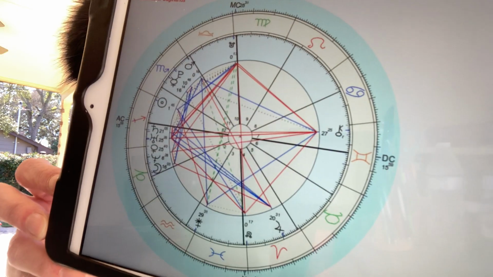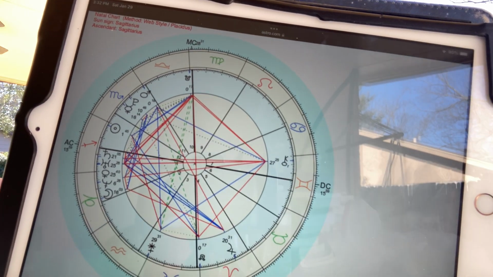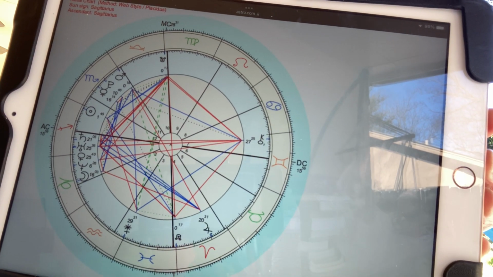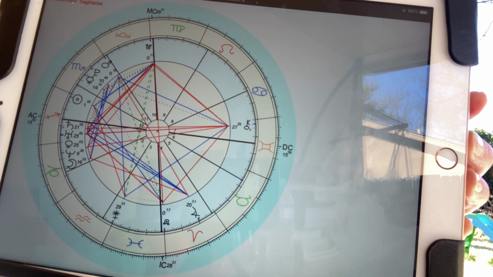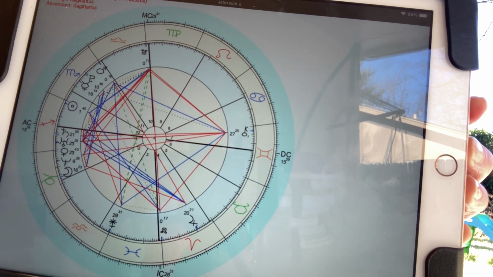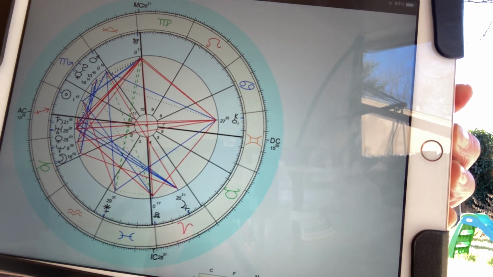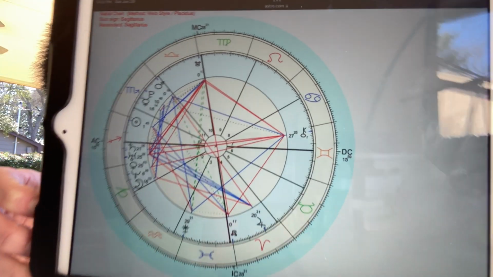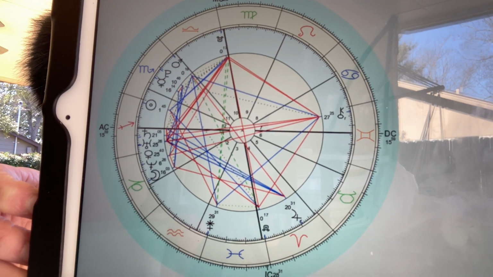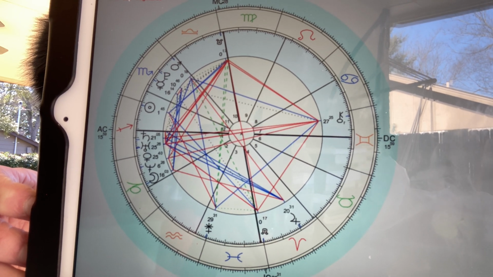Okay, I'll show you my chart. I don't have it pulled, but one of them, the Mercury lot, one of the 7 Hermetic lots, falls at 0 degrees Pisces. And then the other one, the Valence formula, falls at 14 degrees Pisces. Both of these will be in the 3rd house of my chart.